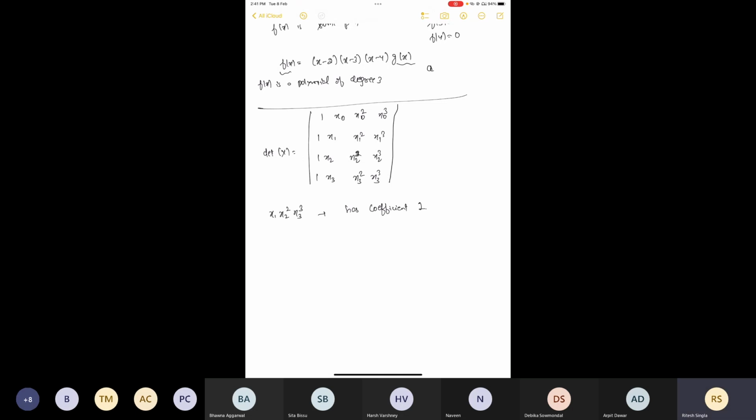I am just solving it along the first column first, then in the determinant of this, x1 will be out, then x2 square and x3 cube. So the coefficient of this term in determinant of x will be 1, right?